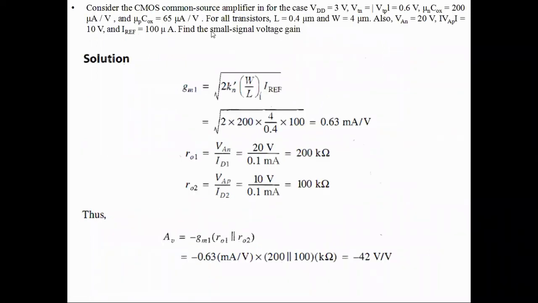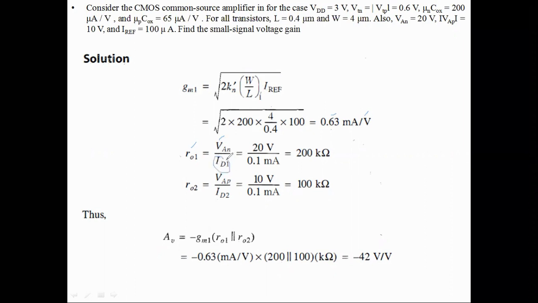Now this is the problem of the CMOS implementation of the common source amplifier. First, let me calculate gm1. gm1 equals square root of 2 Kn dash times W by L of 1 into I reference. Substituting, we get 0.63 milliamperes per volt. ro1 equals VAn, the process technology voltage for NMOSFET Q1, divided by ID1.